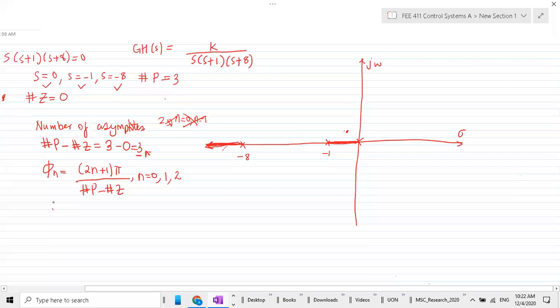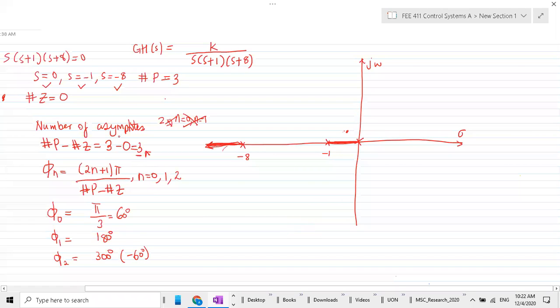So here I'll say for phi 0, I have my n equal to 0 here, so I have pi over 3, that is 180 divided by 3, which is 60. And then another one, phi 1, this will be 180, and then phi 2, this will be 300. And 300 is the same as minus 60, as I explained yesterday.